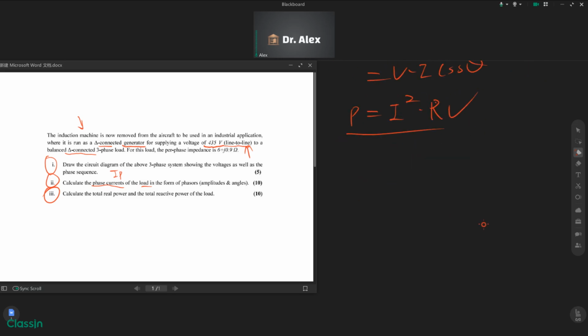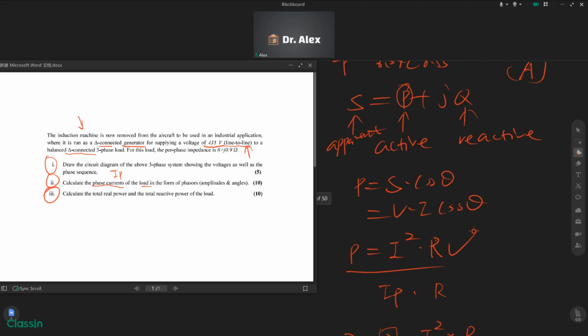Currently, we have the value of IP and the value of R, so we can directly calculate the total real power, which is 3 times, because it's three-phase, the phase current squared times the resistance: 3 times 71.6 squared times 6.